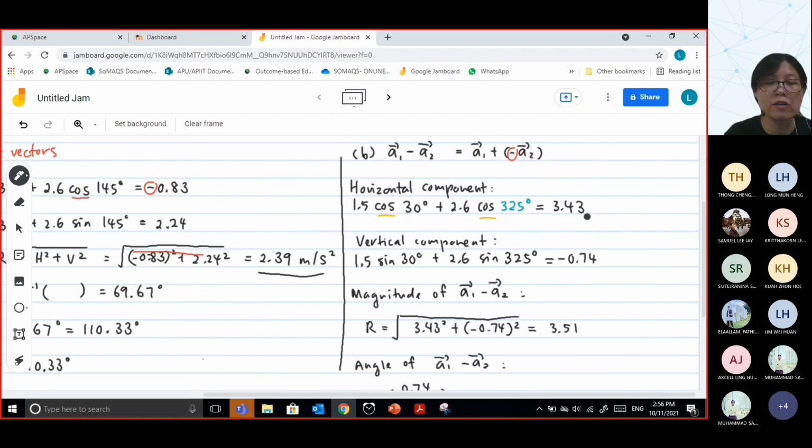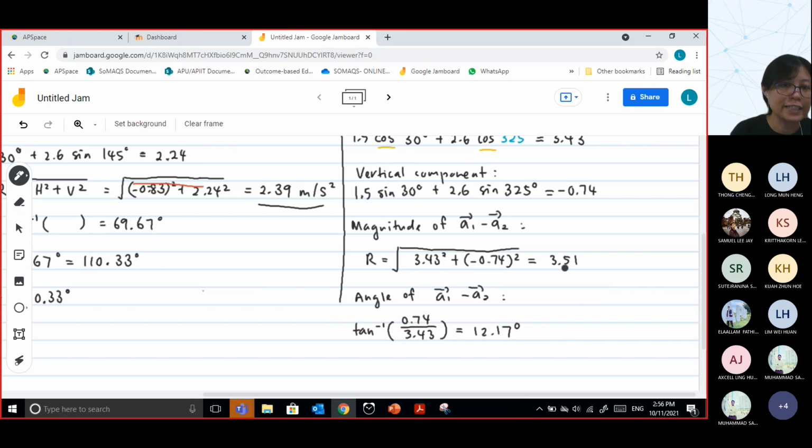We have horizontal positive, vertical negative. Fourth quadrant, yes, correct. So that means we have to calculate 360 minus 12.17, which is 347.83 degrees.